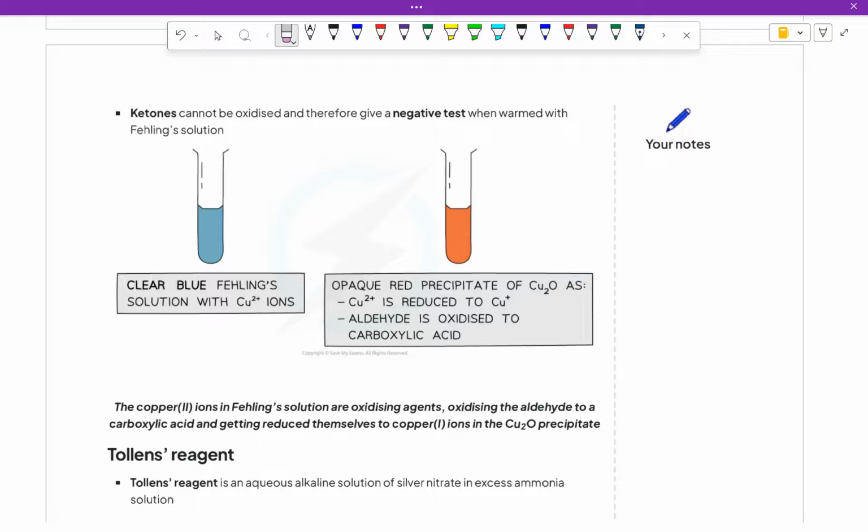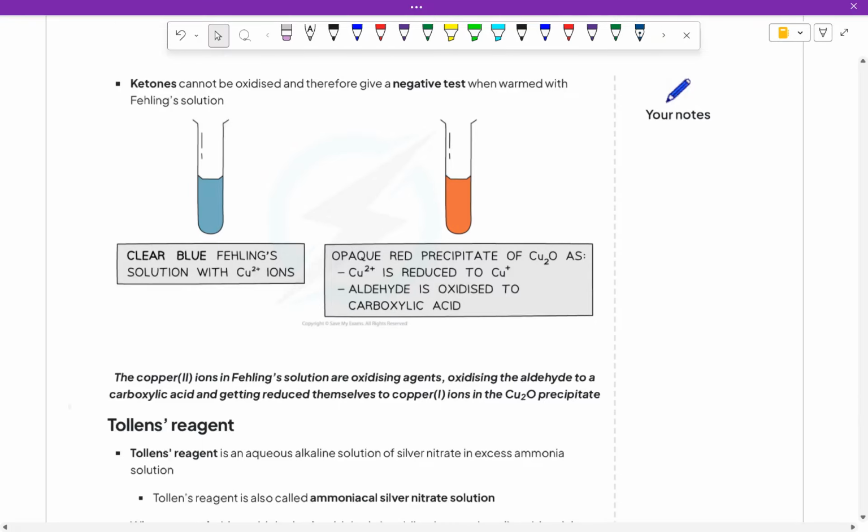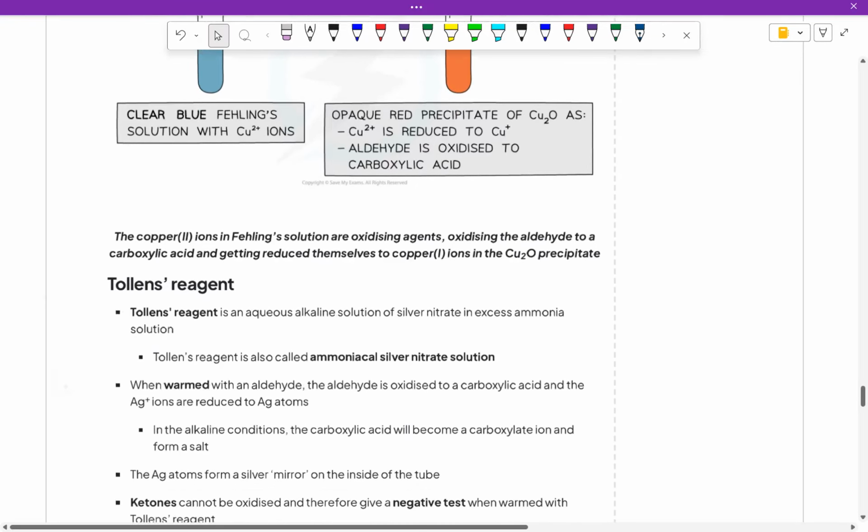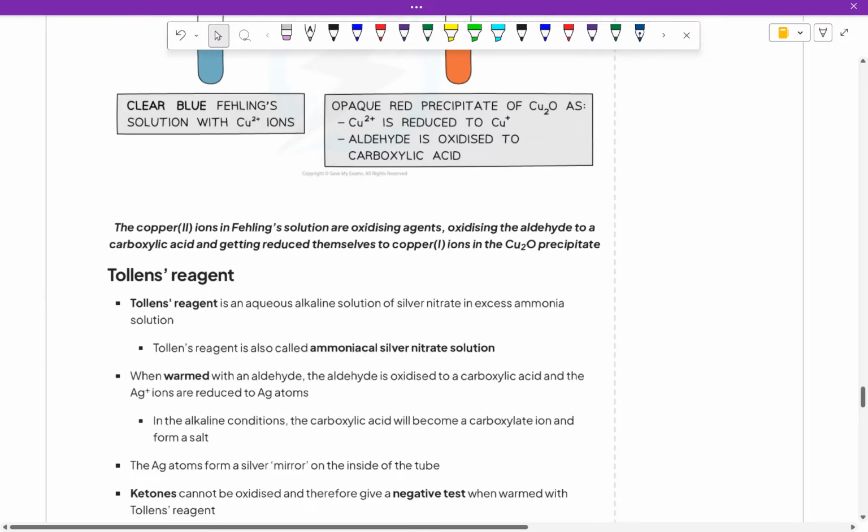You can Google search for it, and maybe I can put up a video if I have the time. But if you add ketones into Fehling's solution, there are no changes, which means the oxidization does not happen. Fehling's contains copper, which is blue. If it changes color, it has been oxidized, and it will change to red.